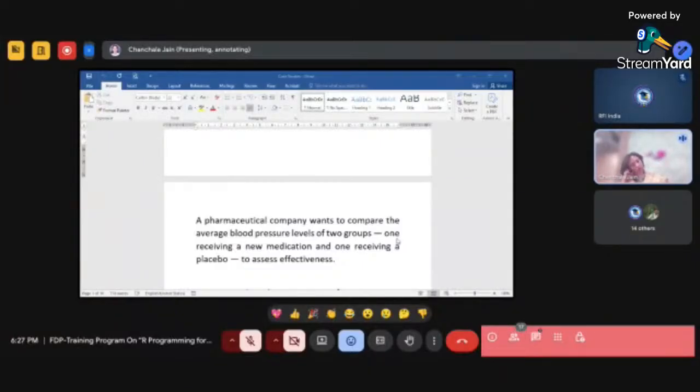According to you, what test can we perform here? Ramya ma'am, Ranjita ma'am, which test can we perform? Ma'am, a t-test. I am confused in this case. Which T, sir?